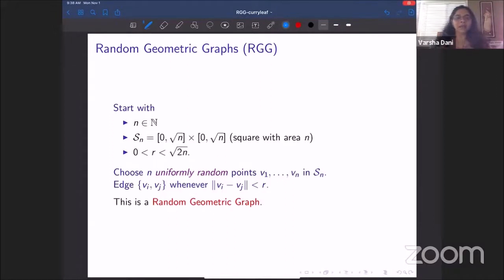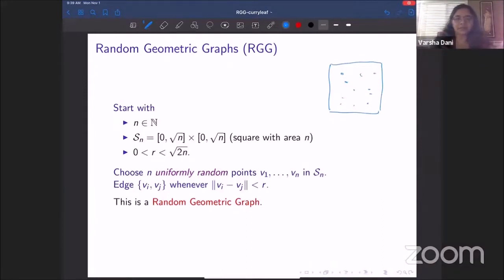Then I will sample n uniformly random points in the square. So here's a square, and I'll just choose some points at random. And then what are the edges?